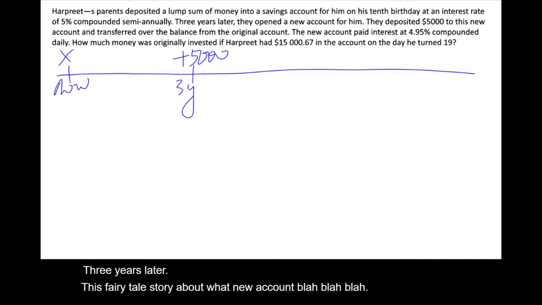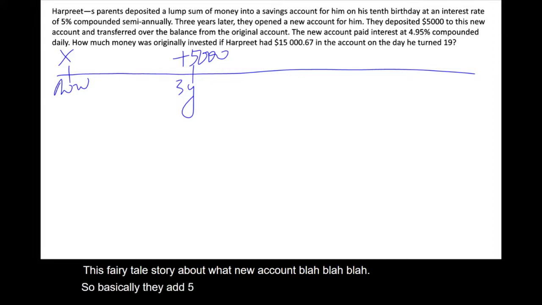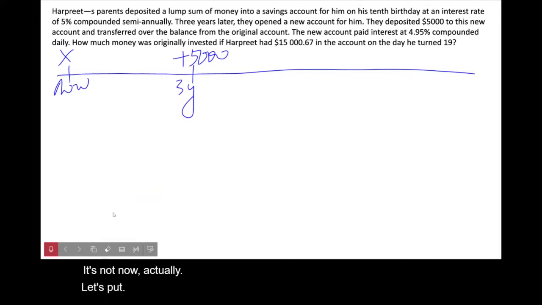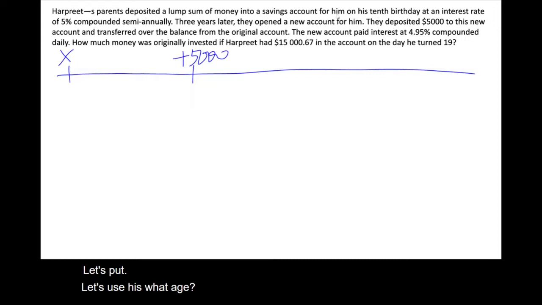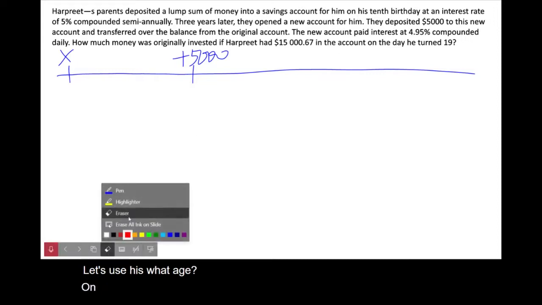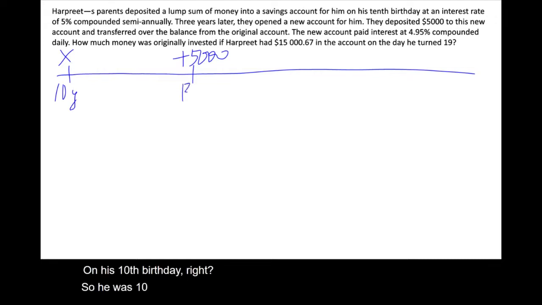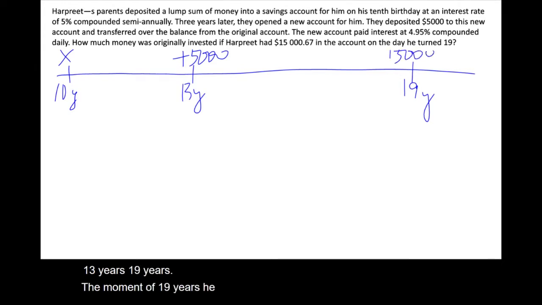Basically, they add 5,000 to whatever was accumulated, right? Let's use his age. On his 10th birthday, he was 10 years, then 13 years, then 19 years. At the moment of 19 years, he has 15K.